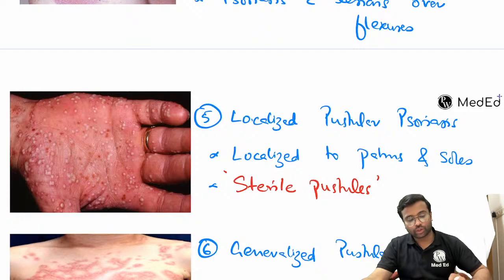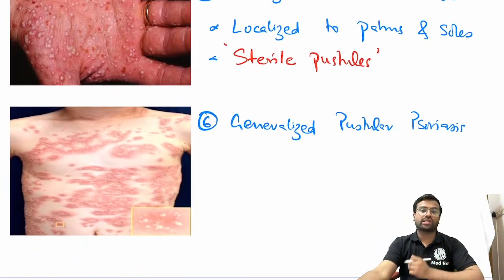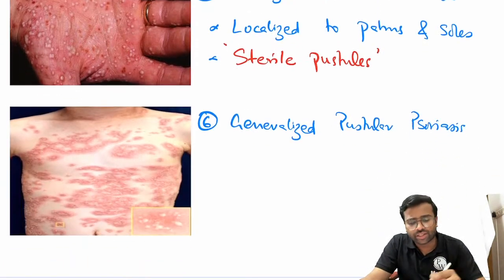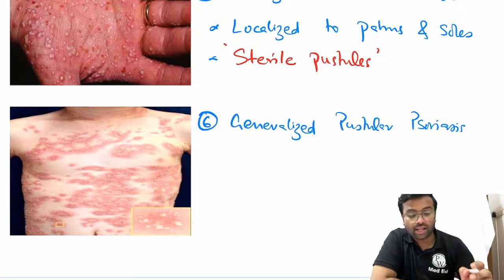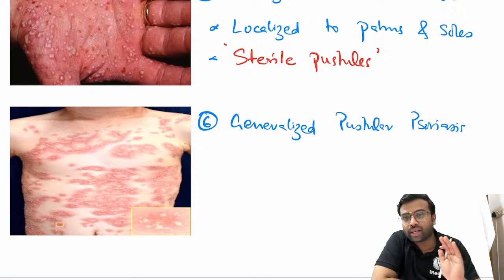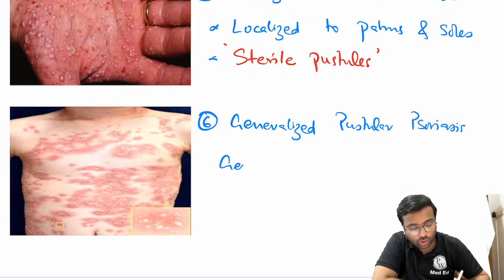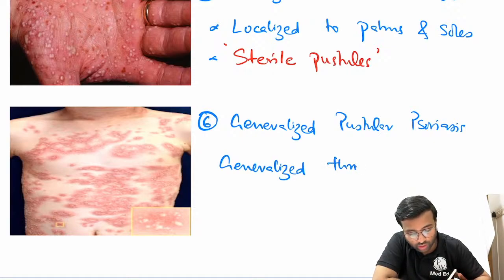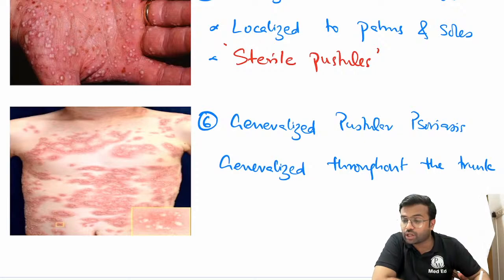Clear? So now moving ahead to see what is generalized pustular psoriasis. Generalized pustular psoriasis, just like what the name says, it is going to be sterile. This is going to be generalized throughout the trunk.